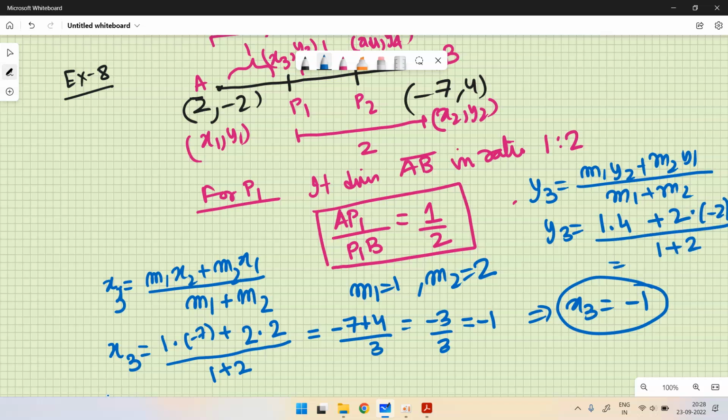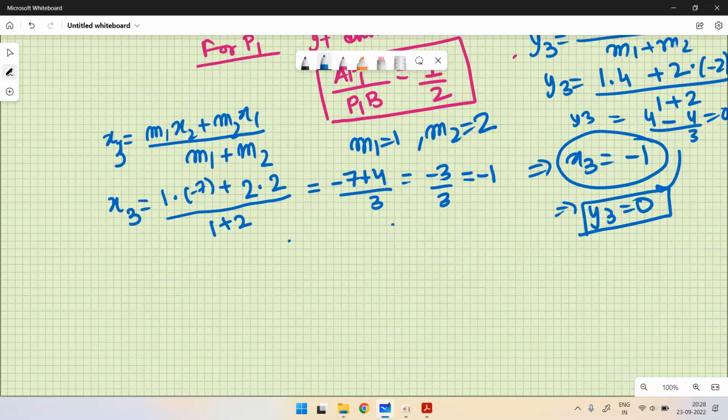This is 4 minus 4 by 3, which is 0. So y3 equals 0. So this point P1 is minus 1 comma 0.